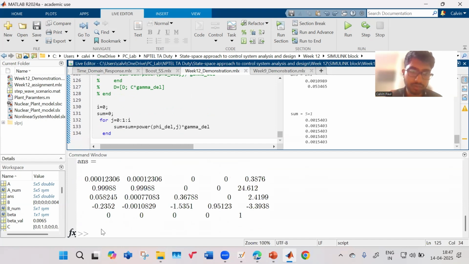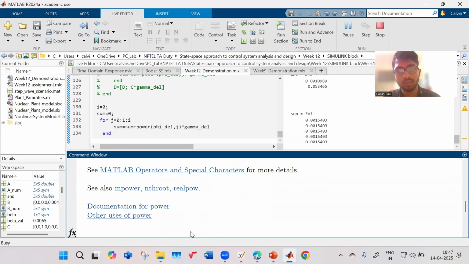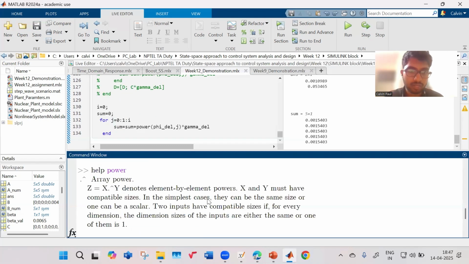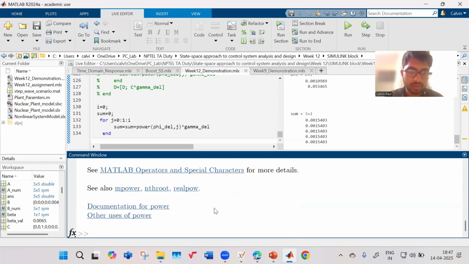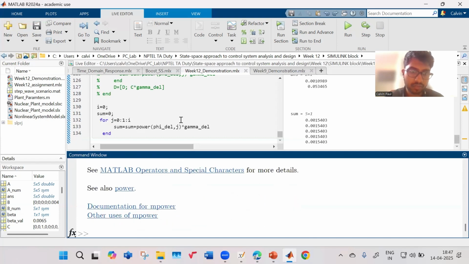So how should I do power for matrix multiplication? Okay. Power is what? M power is matrix power here.